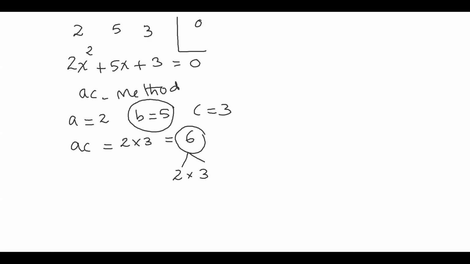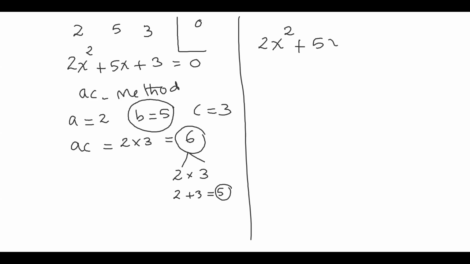And when we add 2 and 3, we get the B, right? So I'm going to write this trinomial using grouping. So I'm writing this 5x as 3x plus 2x.